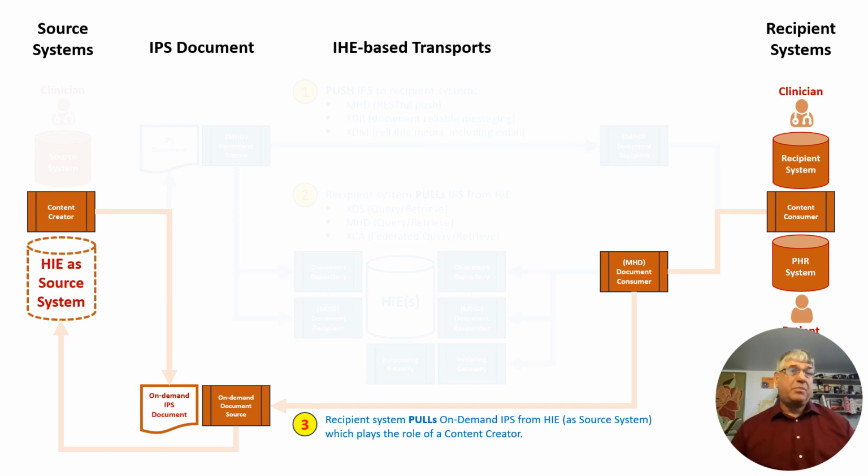It will use the policies at that time, which means that that particular IPS may be different than an IPS that was pulled a couple of years earlier, because the current one will have any lab results that have happened in that meantime. So an on-demand IPS is very important, especially because an IPS is a summary. And as a summary, you want the current information.